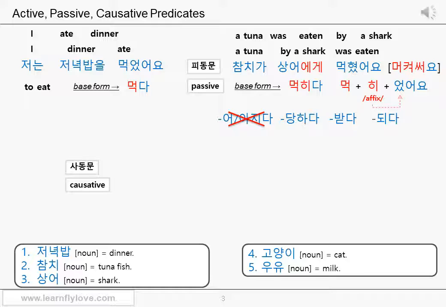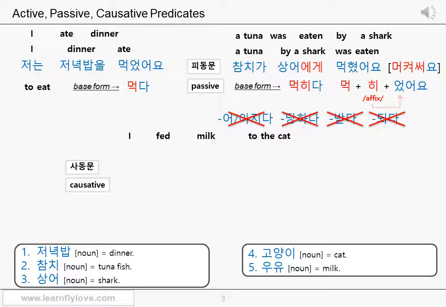Actually, they are used to the transitive verbs which end in 하다 in their base forms. So you cannot use them for the verb 먹다. It's simply because they don't match with the verb 먹다. Only the affix 히 can be used when it turns into the passive form. It can make the passive form with the affix 히, 먹히다. Okay? It's getting clearer, isn't it?